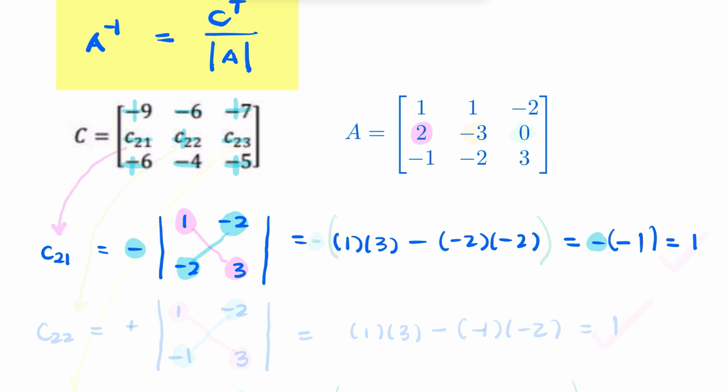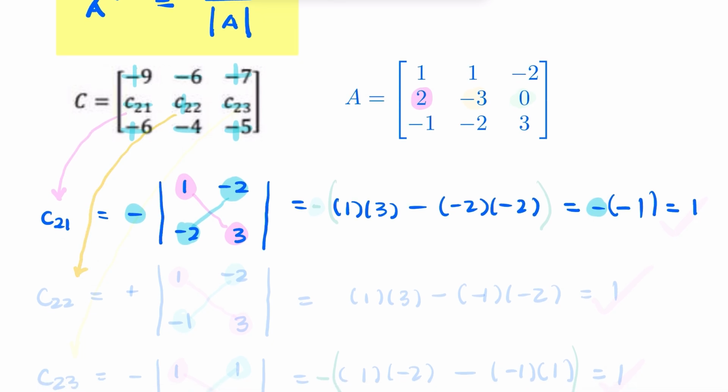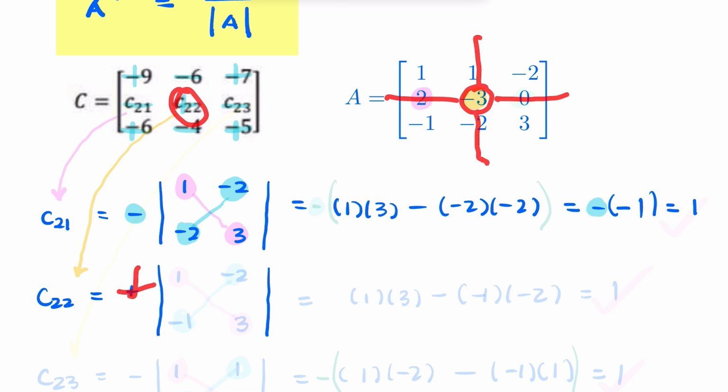And we can do the same for the next cofactor cell. So C22 would be the same thing, but this time it's positive. I'll put a positive sign there just to be clear. And again, because we're now looking at this cell here, I'm going to eliminate this row and this column.